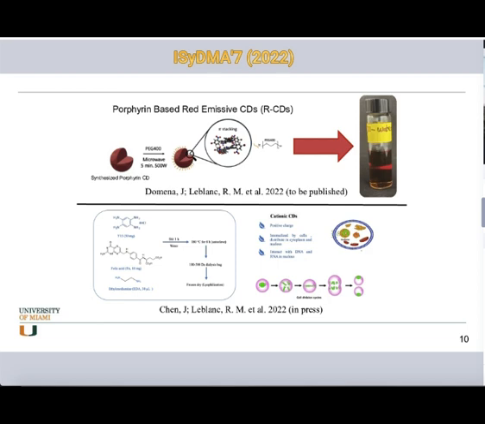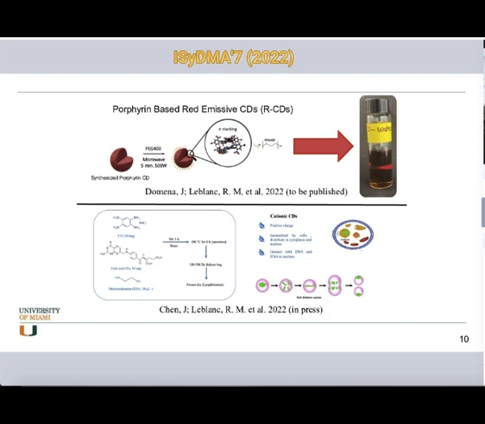So dye, this is the one that we have used, the porphyrin. We are able to see, when we use again the microwave methodology, the carbon dust in the red emission, and I will show you the optical property. And we passivate the carbon dust with PEG 400 for solubility reasons in the system.